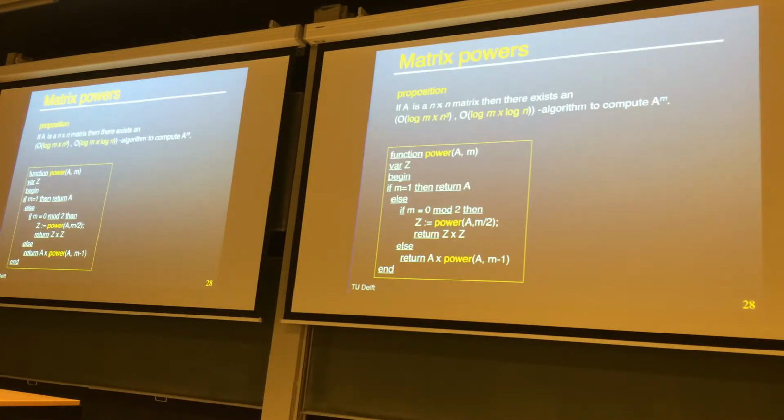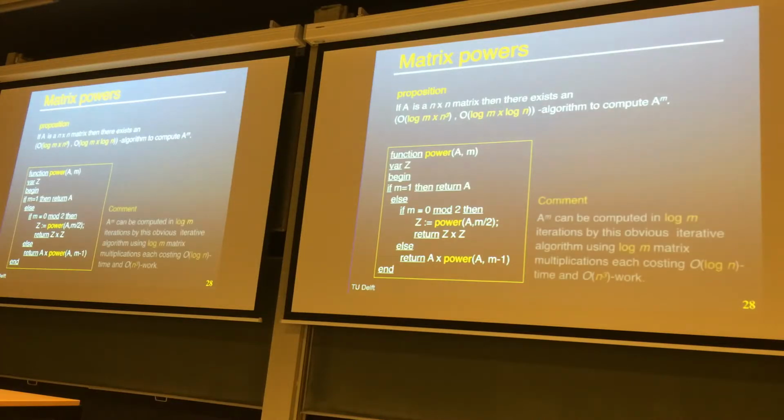So the number of ones here determines the number of times you have to apply this statement, and that's of course log n number of times. And else you have a reduction by 2. So the total number of times you have to apply this procedure in order to end up with n equal to 1 is O of log n. So a to the power n can be computed in log n iterations.